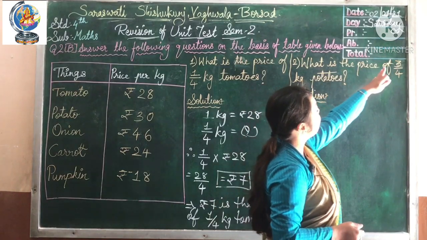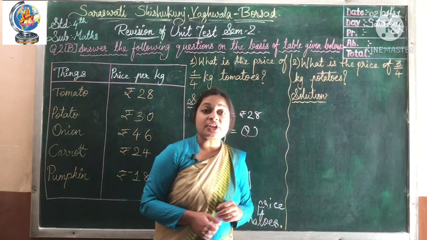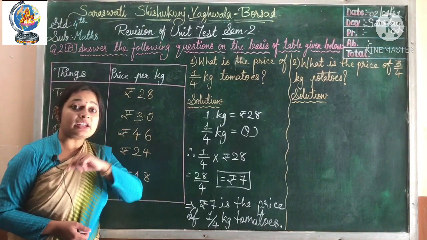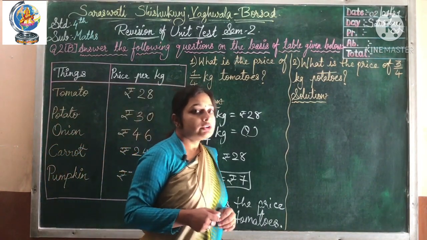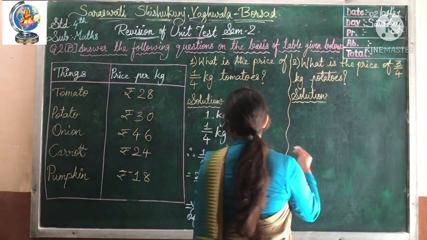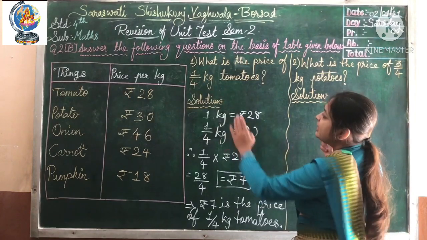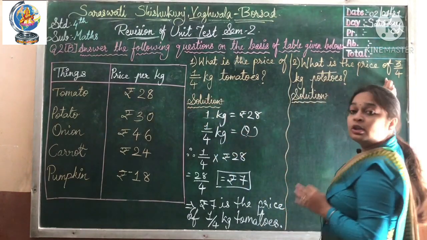What is the price of 3/4 kilogram potatoes? So what is the price of potato? It is rupees 30 for 1 kilogram. We need to find for 3/4. Okay, so as we have done here, we will take the same steps, but instead of 1/4 we will now take 3/4.